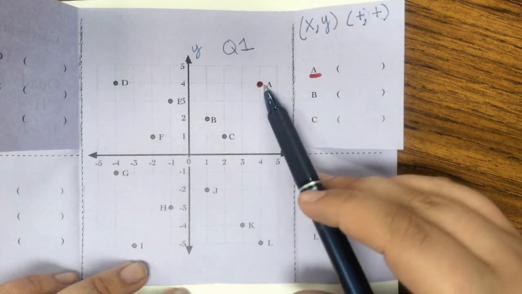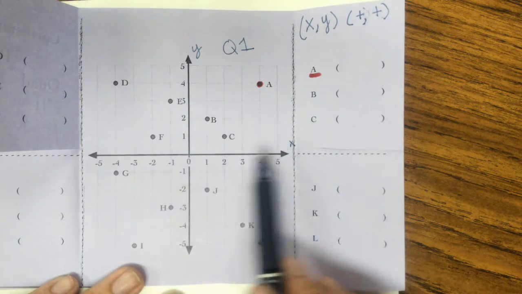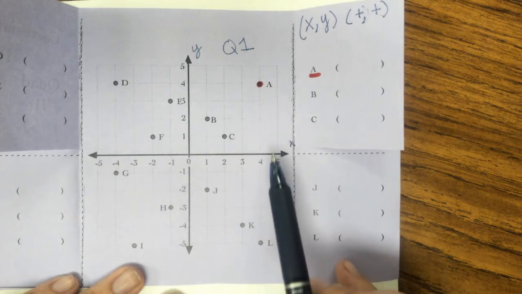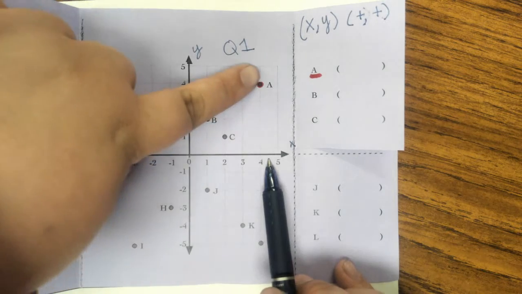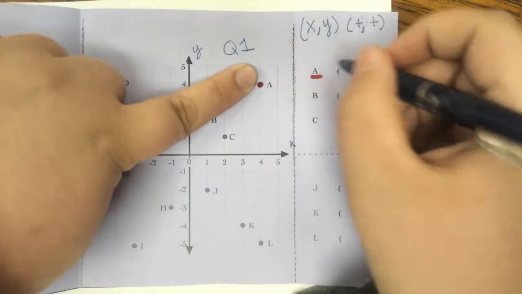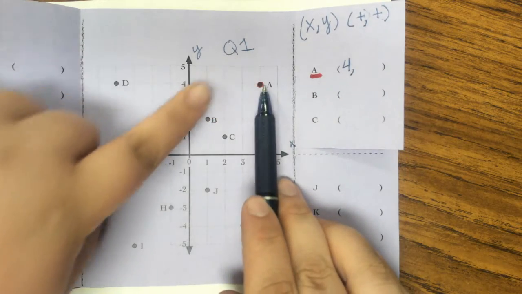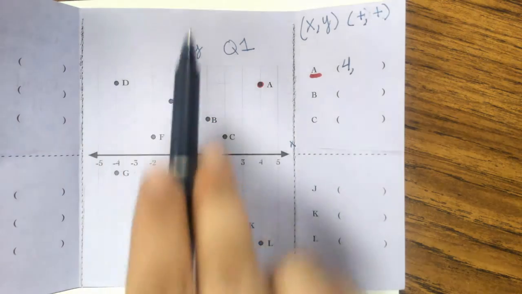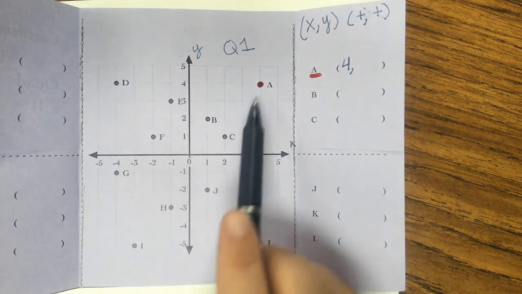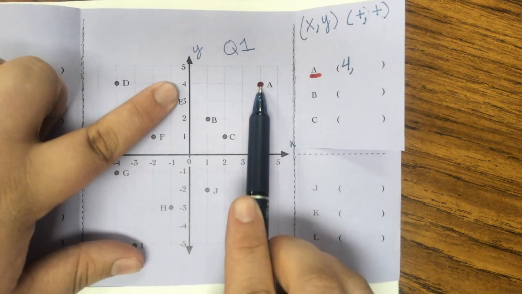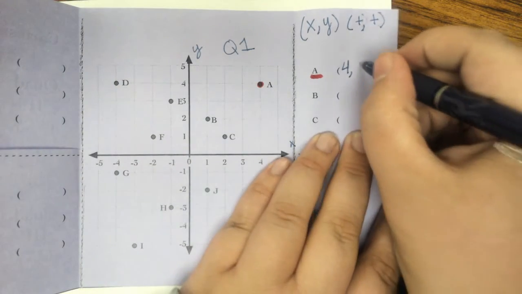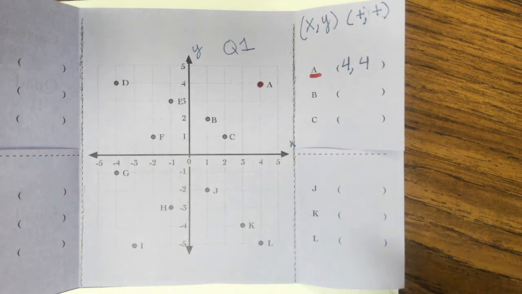So if this is point A, remember x is the horizontal number line. The value on the x number line for A is 4. So the x value for A is 4. The y value for A would be the number on the up and down number line. The y value for A is also 4. So the ordered pair or location for point A is 4, 4.